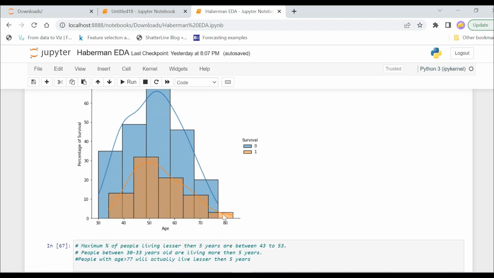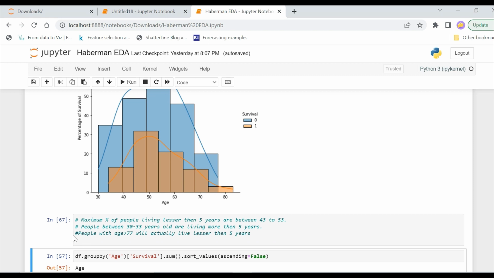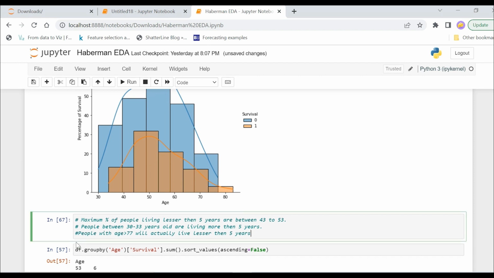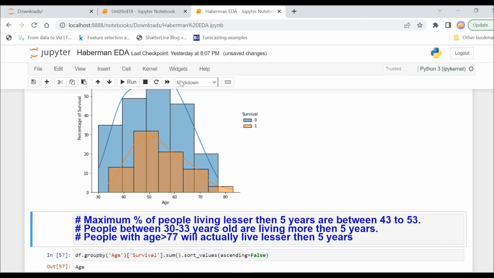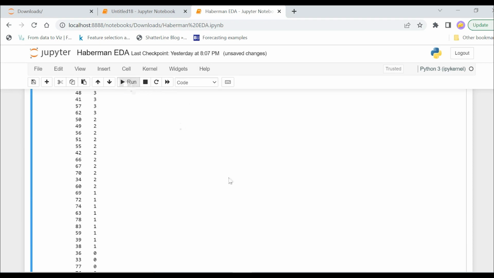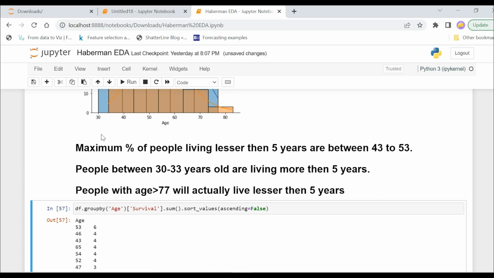So this is my proved analysis from the age and survival. Here I will try to highlight it furthermore. This is the final conclusion from the age and survival part.